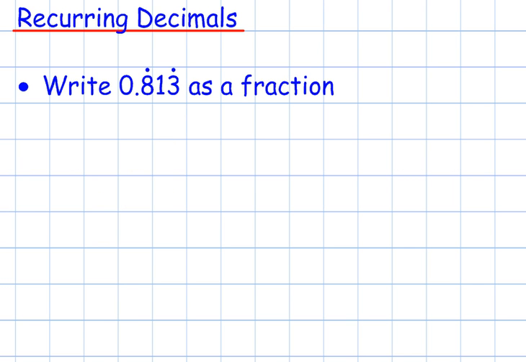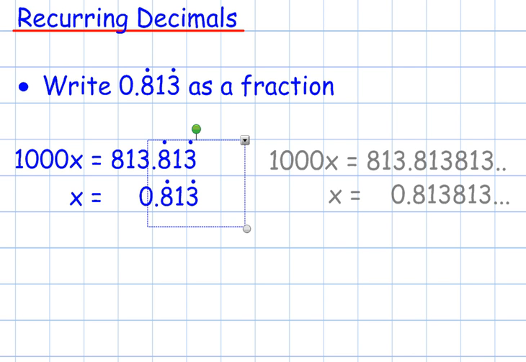Example 3. Write 0.813 all recurring as a fraction. So again, let's make it equal to x. And as you can see, I have the 0.813, 813, 813 here. I'm going to need to move it 3 columns so that I can cancel it out. So let's multiply it by 1000. 1000x will give me 813.813 all recurring.